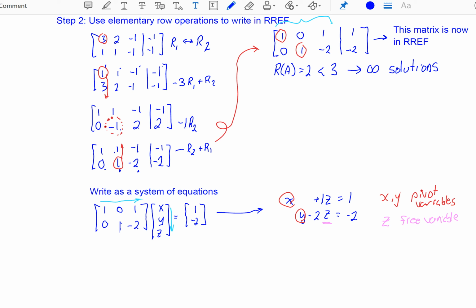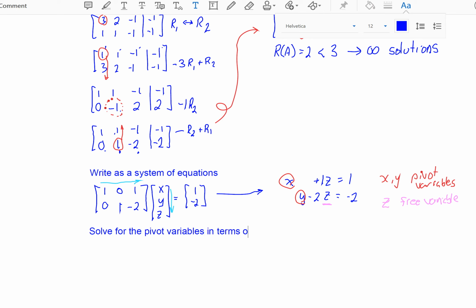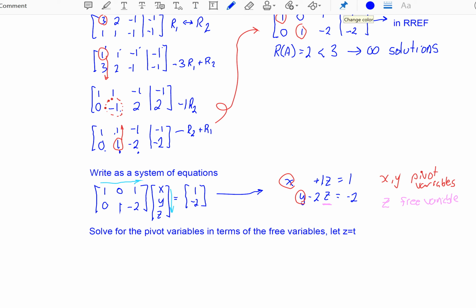So now what we would like to do is solve for the pivot variables in terms of the free variables. And usually what we'll do is replace our free variable with some other variable. So we'll let z equal t. What I'll be doing is rewriting my system of equations in terms of some other variable than the one that's present.